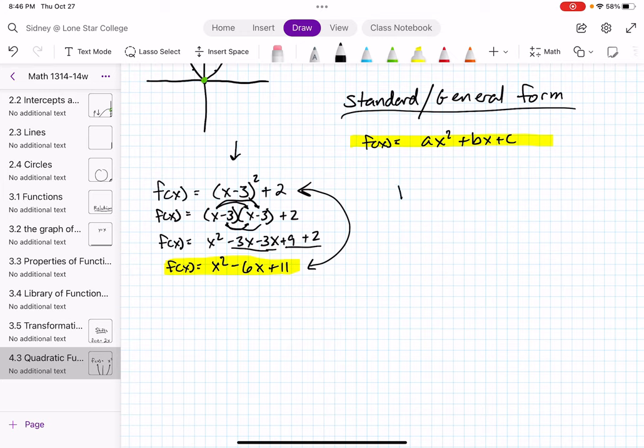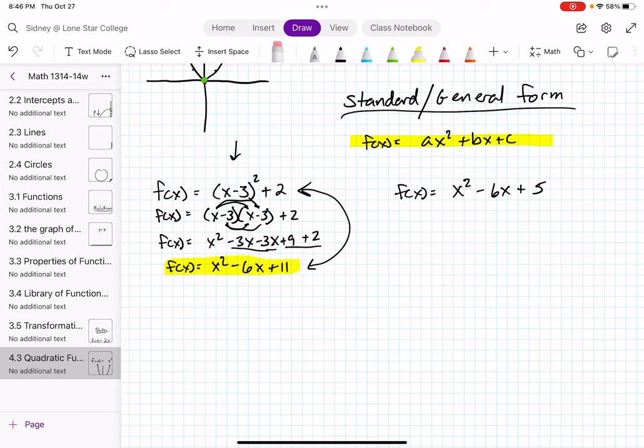So if I have a function, let's say x squared minus 6x plus 5, I can actually put this into vertex form. And to do this, we're going to do a skill that we did back when we talked about circles, which is completing the square.